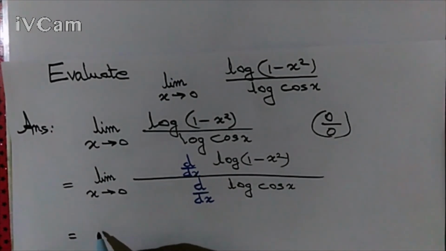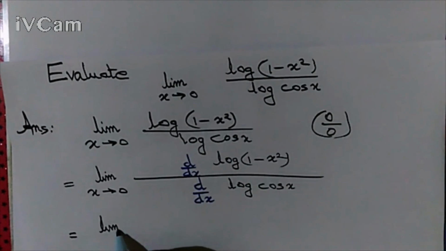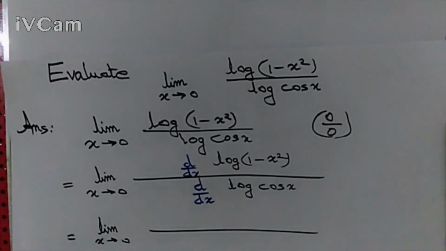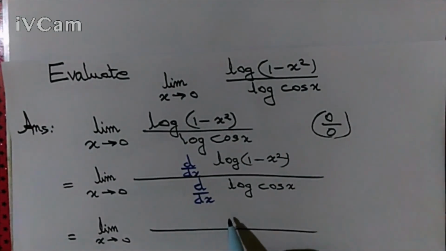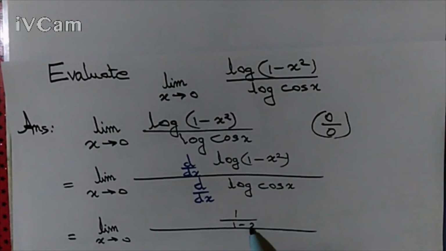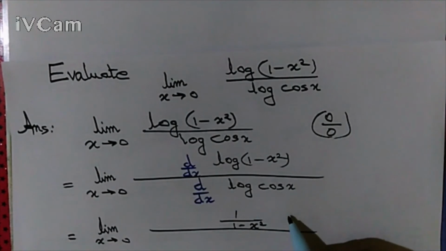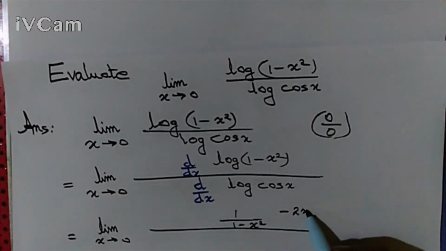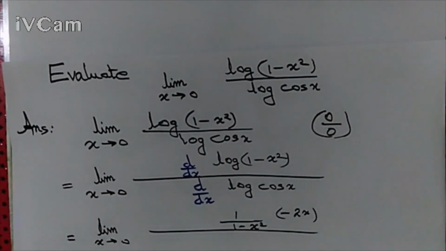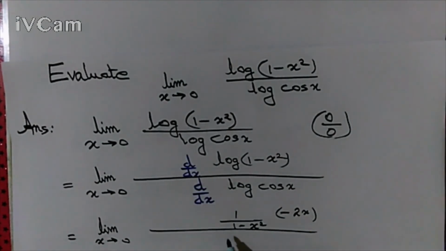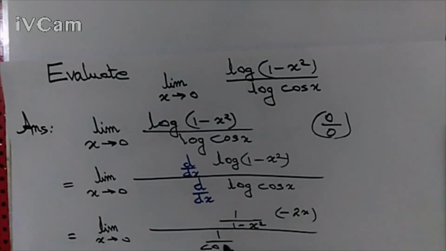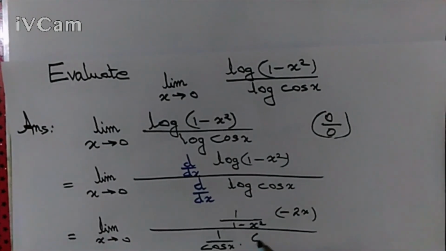Let's differentiate it. Log of 1 minus x squared, if we differentiate, we have 1 by 1 minus x squared. We apply chain rule, and derivative of 1 minus x squared is minus 2x. Log of cos x, if we differentiate, you will get 1 by cos x, and derivative of cos x is minus sin x.